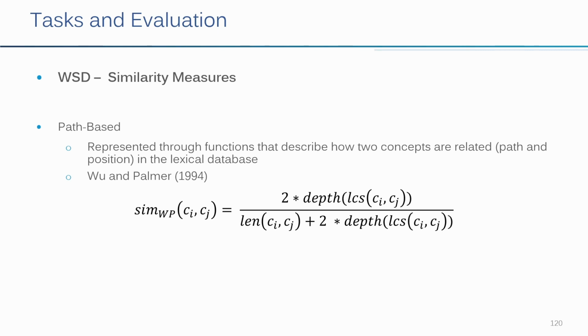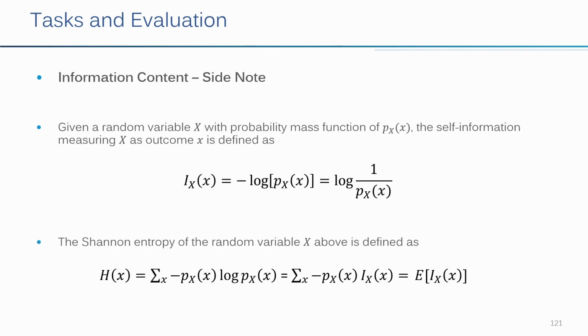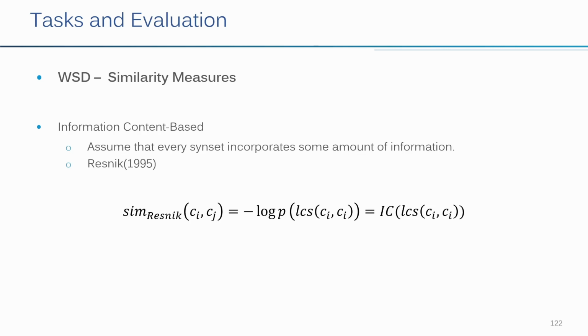It takes the depth of the lowest common subsumer, LCS here, which, remember when we talked about hyponyms and hypernyms, think of as the first hypernym between two words. So it takes into consideration the distance between the root and that lowest common hypernym, and also the length with respect to the root, the length of that term and the depth in that structure, and you have a similarity for that.